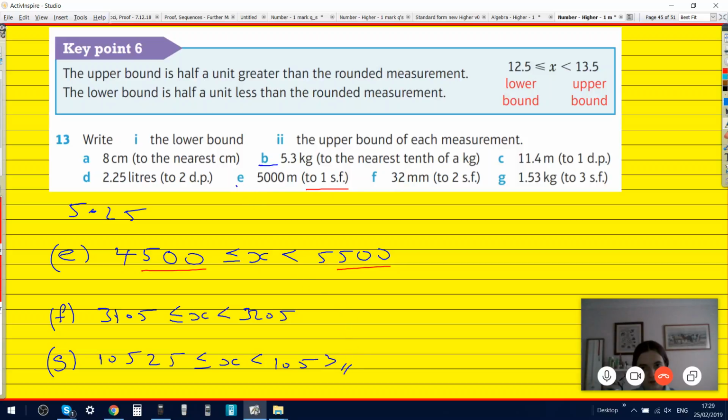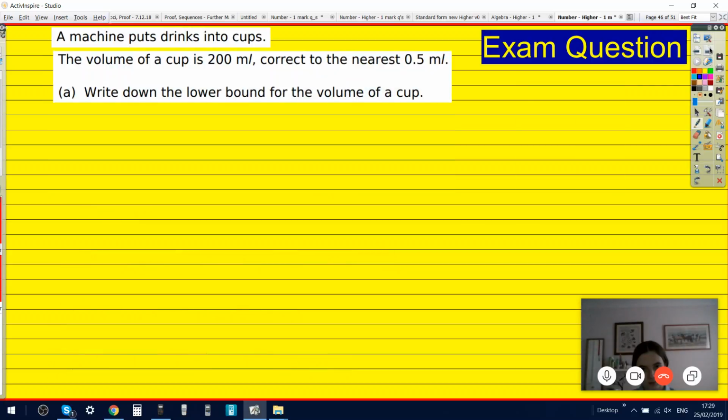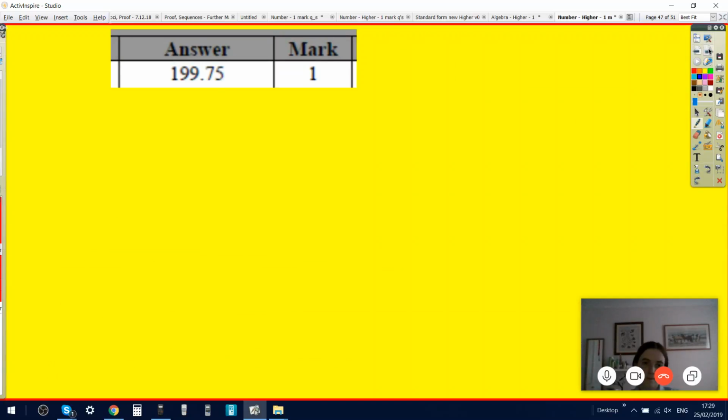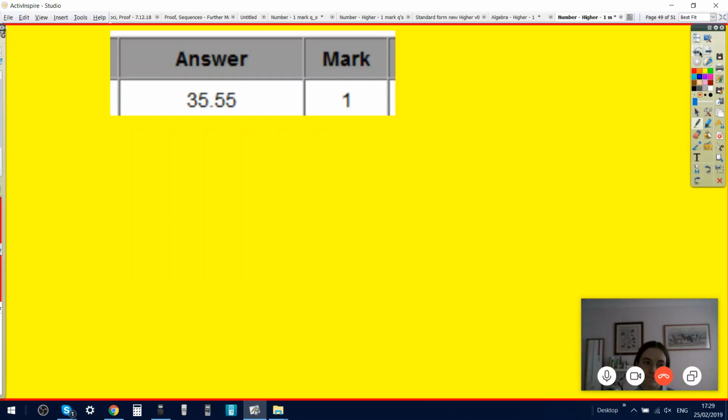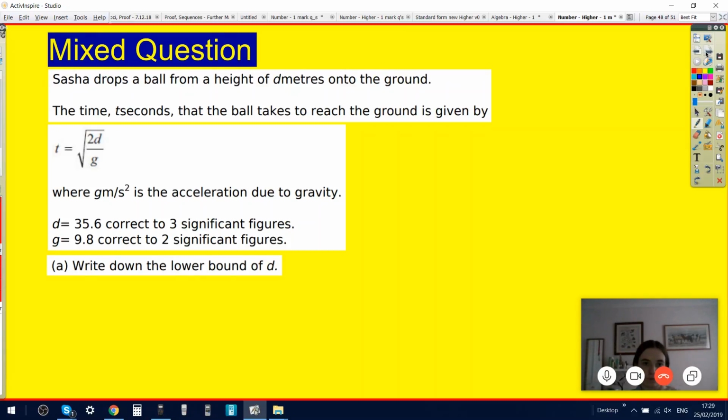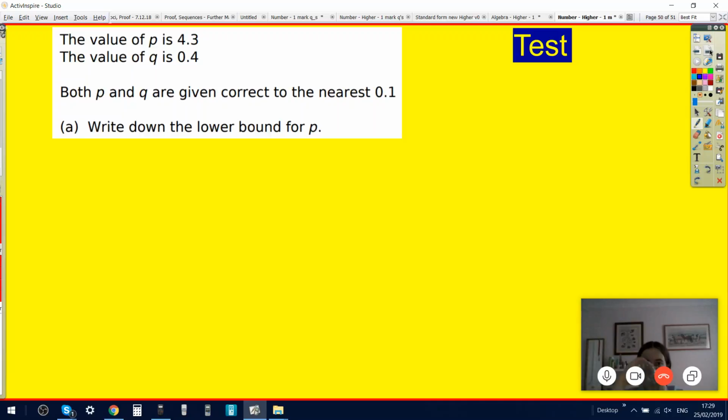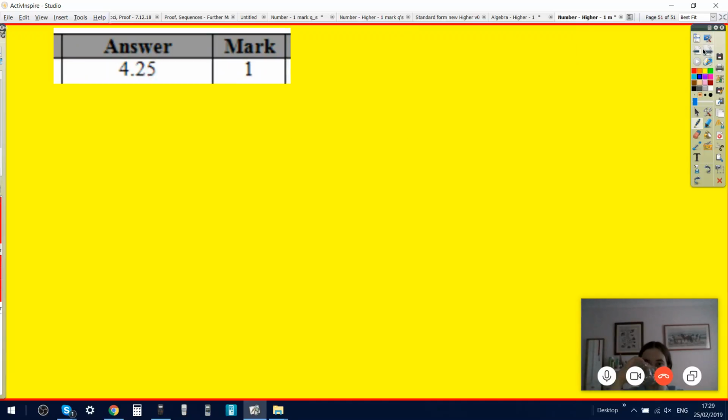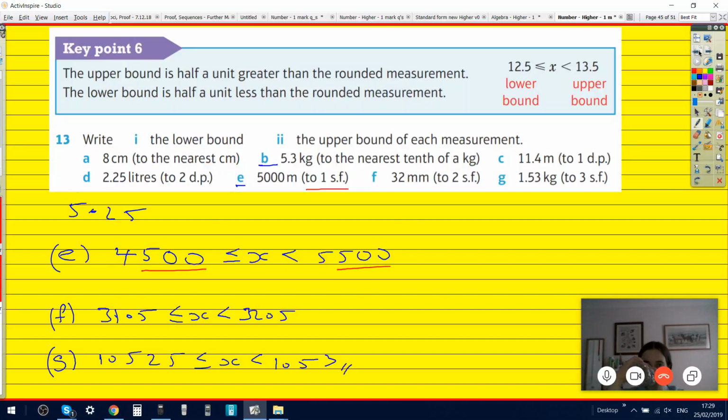Yeah, so they put E here. That strikes me as the hardest of them, though. Exam question. I'll come to that. So this is mixed questions for bounds. And that's test. Okay, so I'm now going to go back quickly.